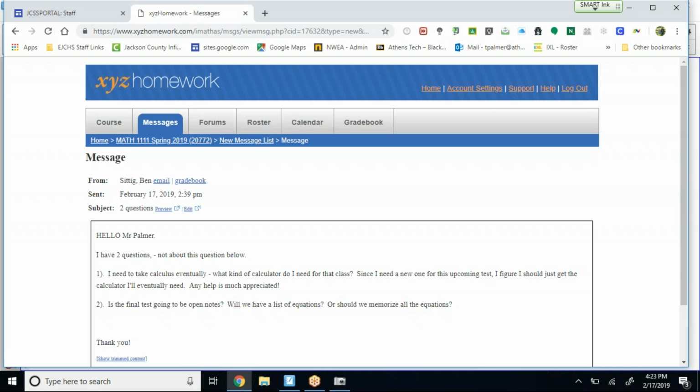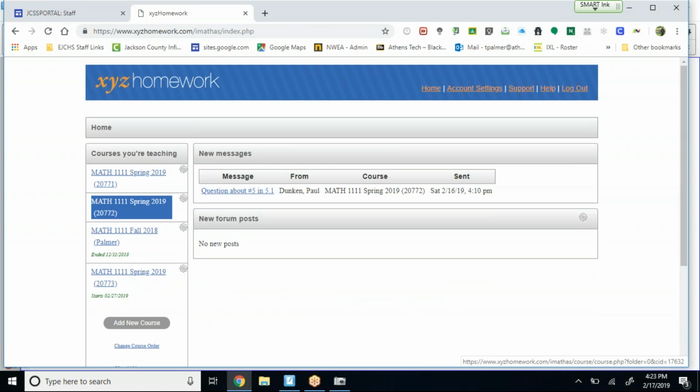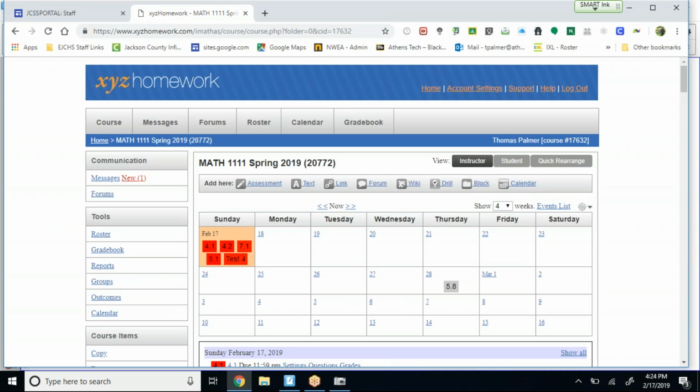The final is going to be open notes. We'll have a list of equations. There's a formula sheet that's up in Blackboard already, and it says under final exam, and there's a tab that says final exam. It's got the final exam, it's got the solutions for the final exam review, and plus it also has the formula sheet.